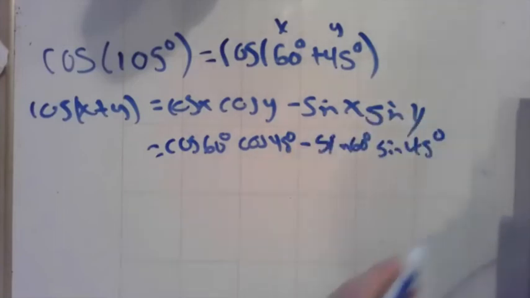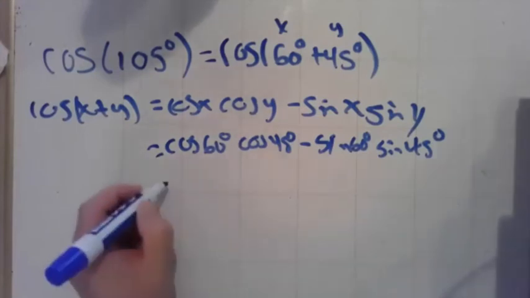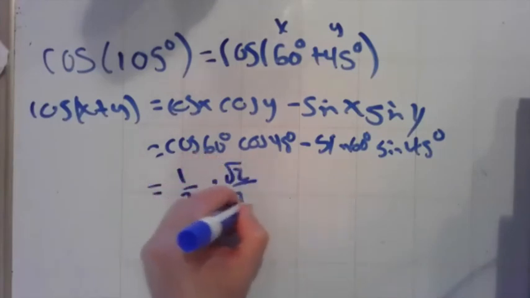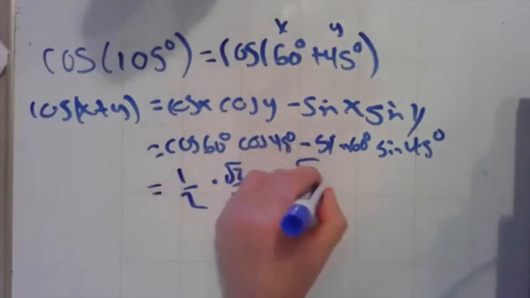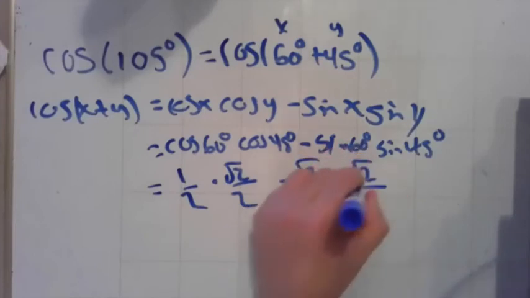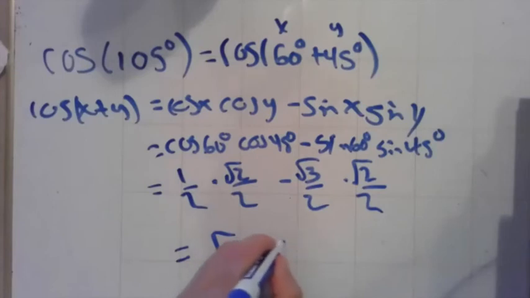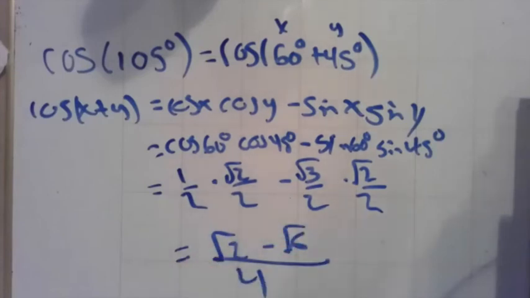Don't forget all your degree symbols. We know all of these, otherwise I wouldn't have picked 60 and 45. I know cosine of 60, that's 1/2. Cos of 45 is root 2 over 2. Sine of 60 is root 3 over 2. So I end up with root 2 minus root 6 all over 4.